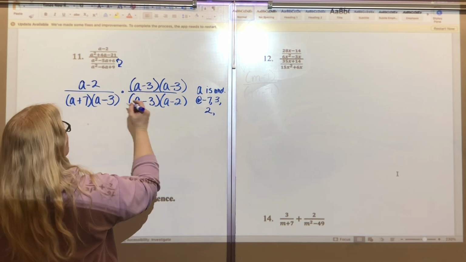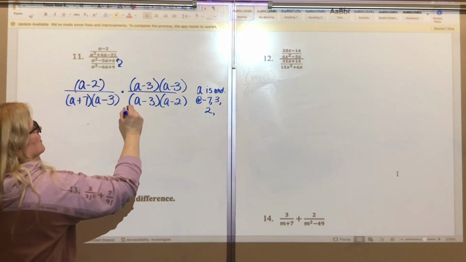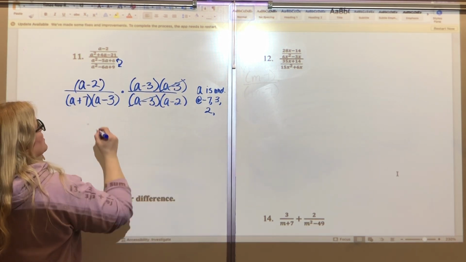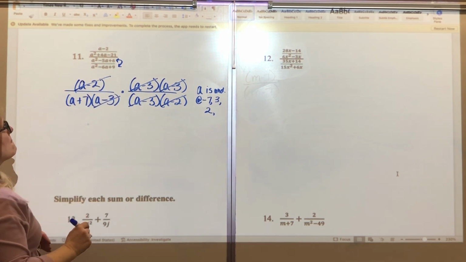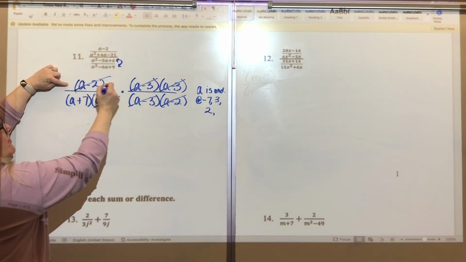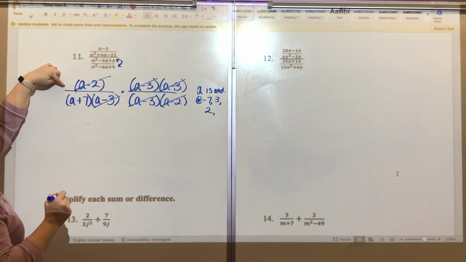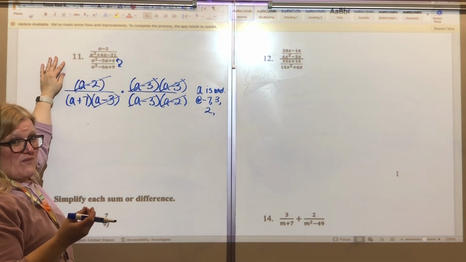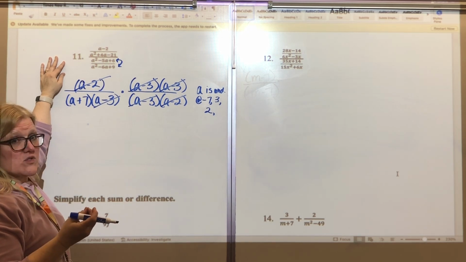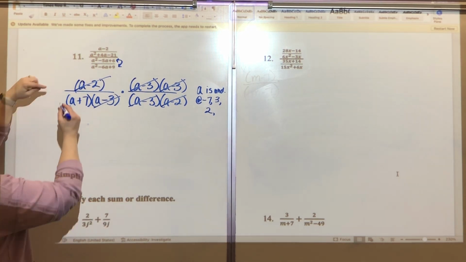All right, lots to cancel. We've got a minus 3, we've got another a minus 3, and we have a minus 2. Okay, when there is nothing on the top, when everything is slashed out, what's left? It's not 0. Okay, people want to make it 0 so bad, but it's not. It's 1, right?